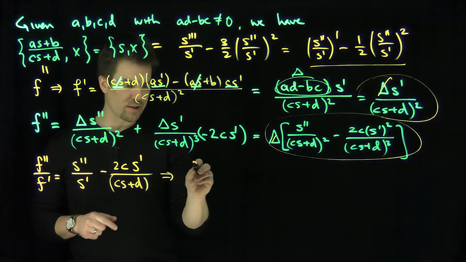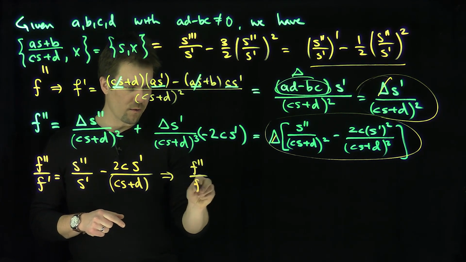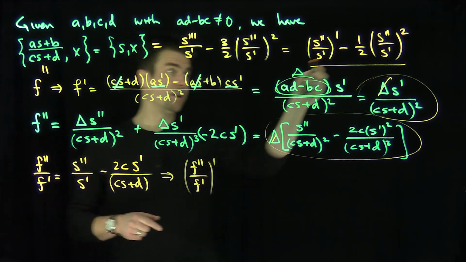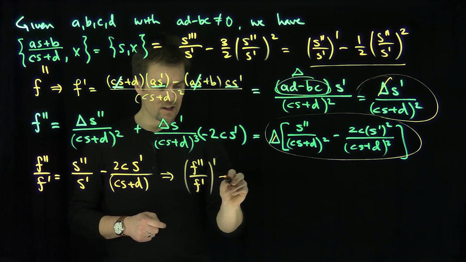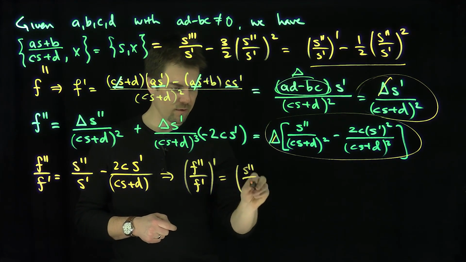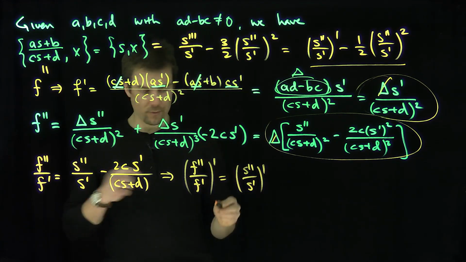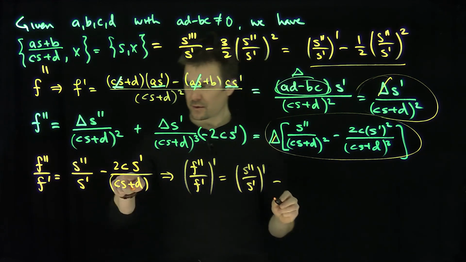All right, so now I need to take the derivative of this thing, so let's do so. What's the derivative of this thing? f double prime over f prime. That's the first thing I'm going to need to check, right? It's going to be s double prime over s prime, just the first thing. And then minus, let's do the derivative of this thing.